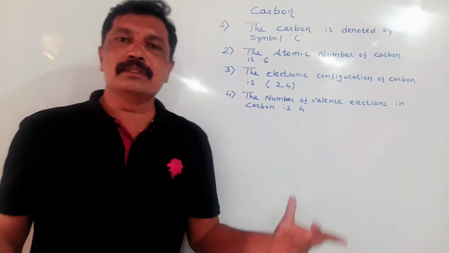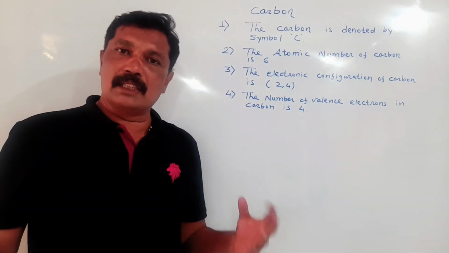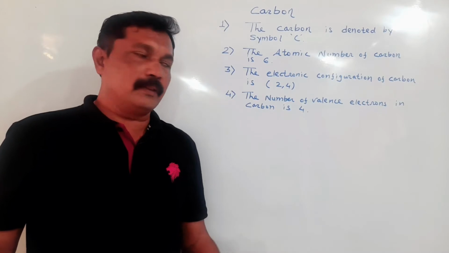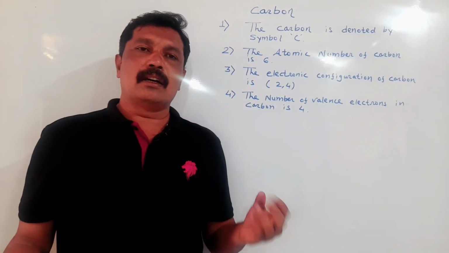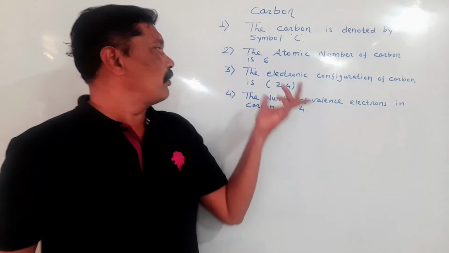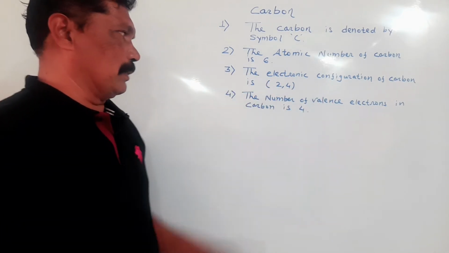The number of valence electrons means the electrons which are present in the outermost orbit. The electronic configuration itself tells us about the number of valence electrons in carbon.